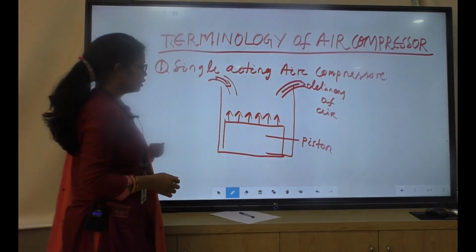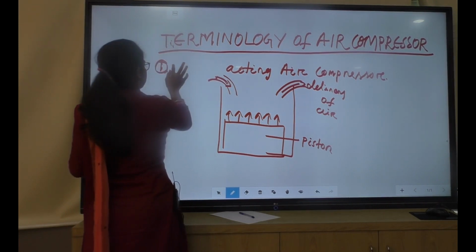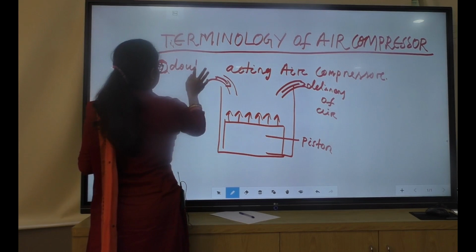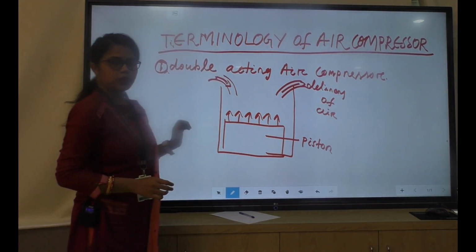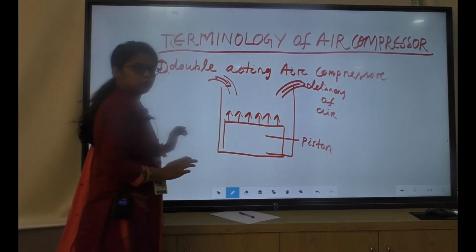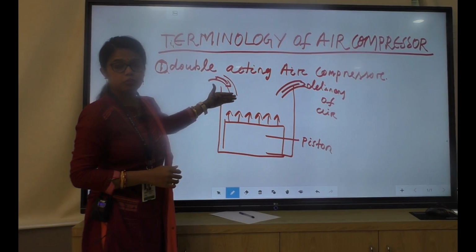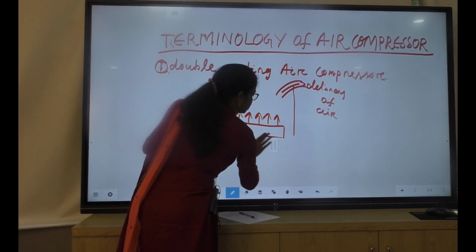Clear? Then coming to the double acting. Second type is double acting. In the double acting air compressor, the suction, delivery and compression process will happen at both sides of the piston. That means, the diagram will be like this.